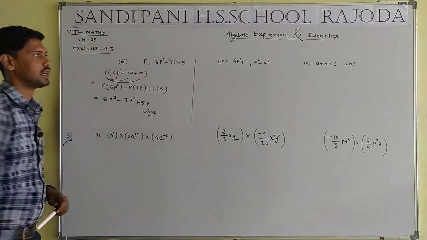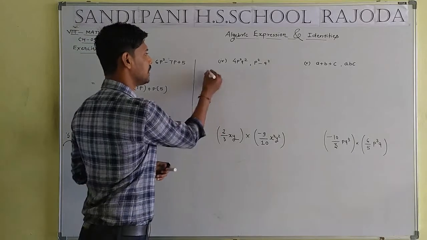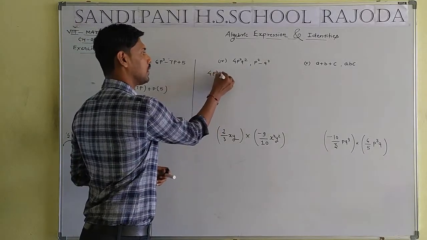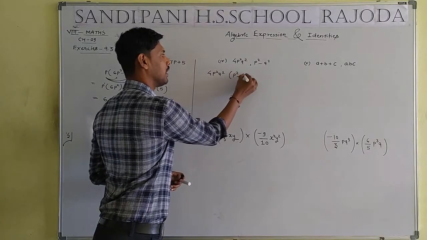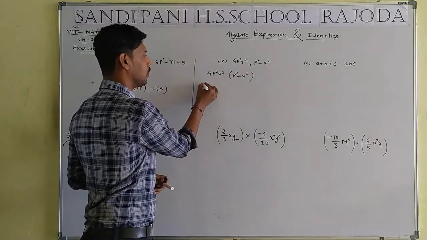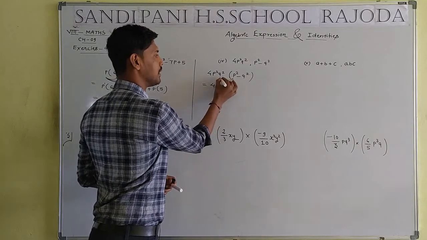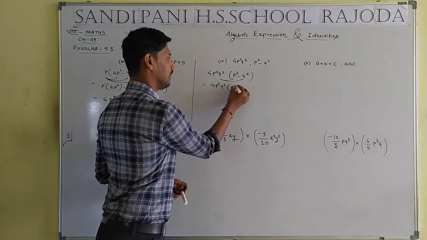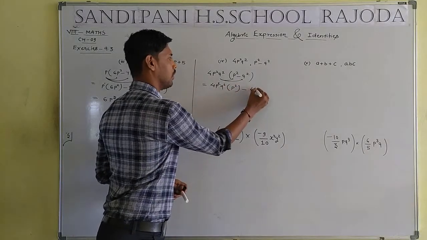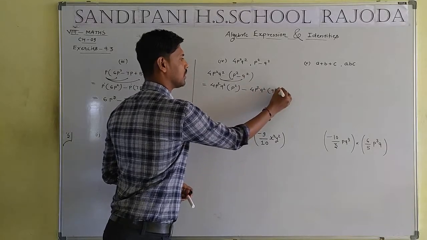Now we start with the question number fourth. We have to multiply these and these. That means 4 p square q square will be multiplied by the p square minus q square. That means we have to multiply 4p square q square by this, then by q square. So p square and 4p square q square will be multiplied by q square.